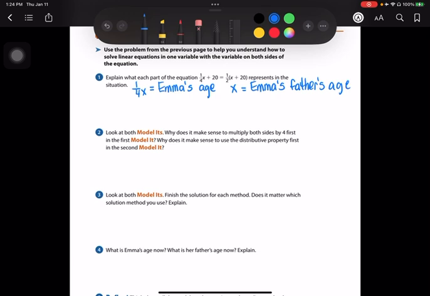Okay. And 20 years later, the x plus 20 is Emma's father's age in 20 years.